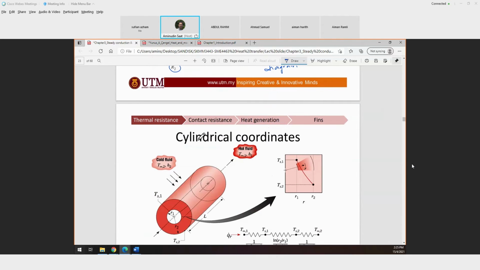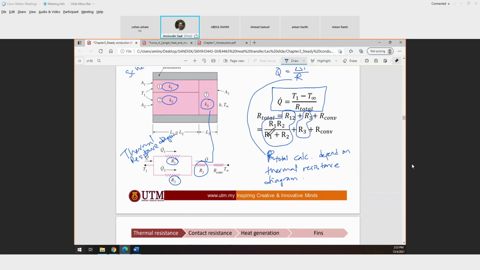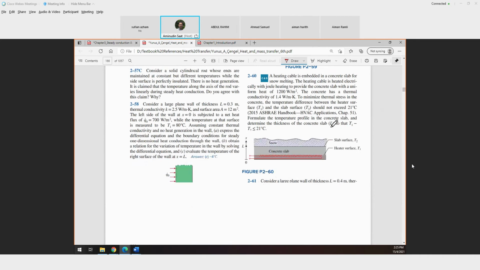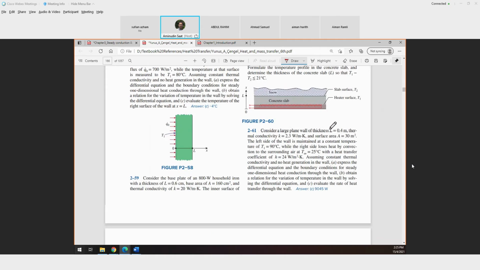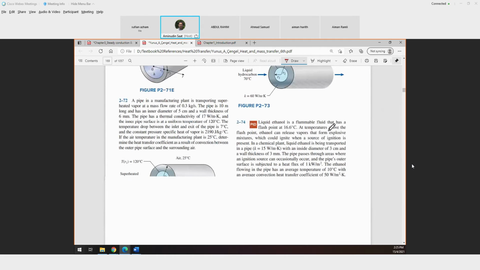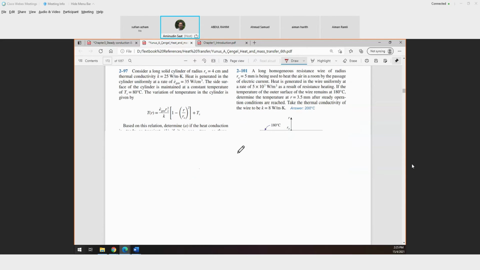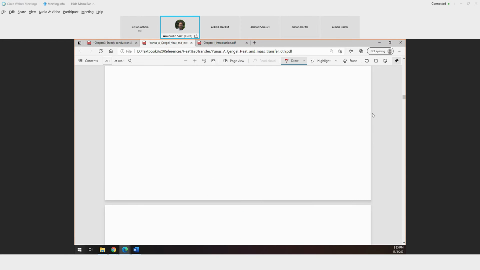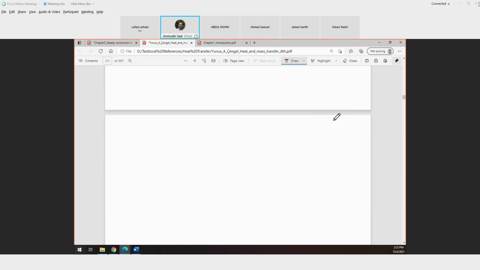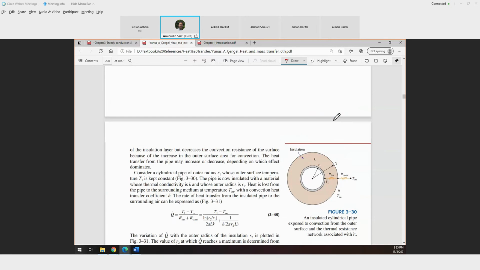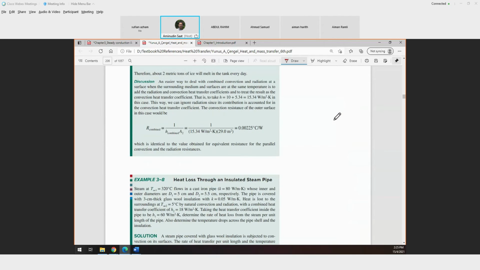I'm not sure whether there is an example of parallel resistance or not. Let's check some examples. I will not go through the example, but I hope you can go through it whenever you have free time. I just want to show you an example related to the series arrangement.